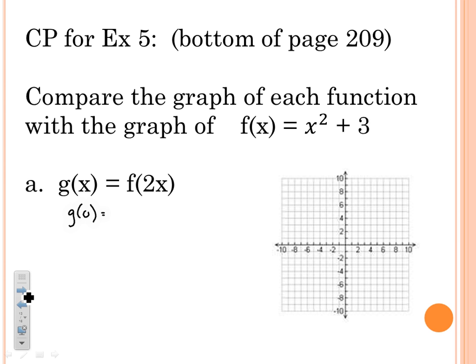My f of x equation is x squared plus 3 for this one. So if I've got f of 2x, that means I want to put 2x in for every x in the f of x.